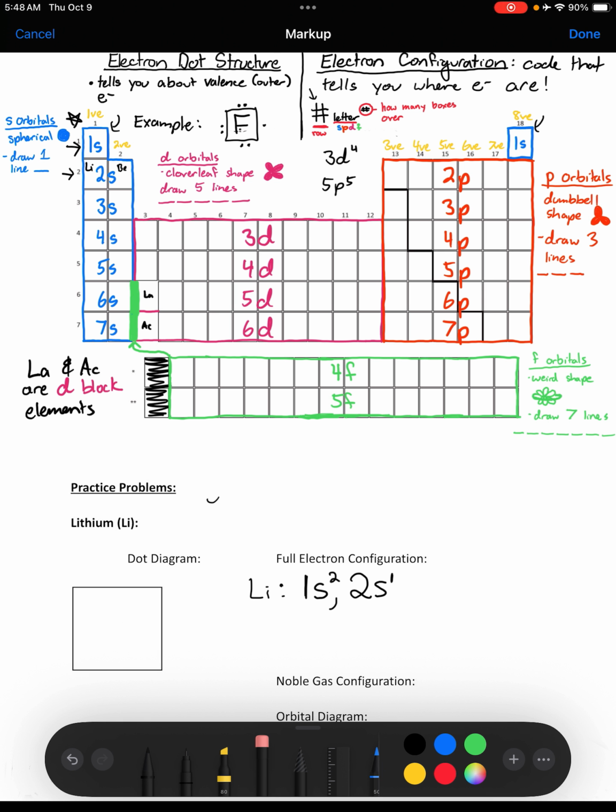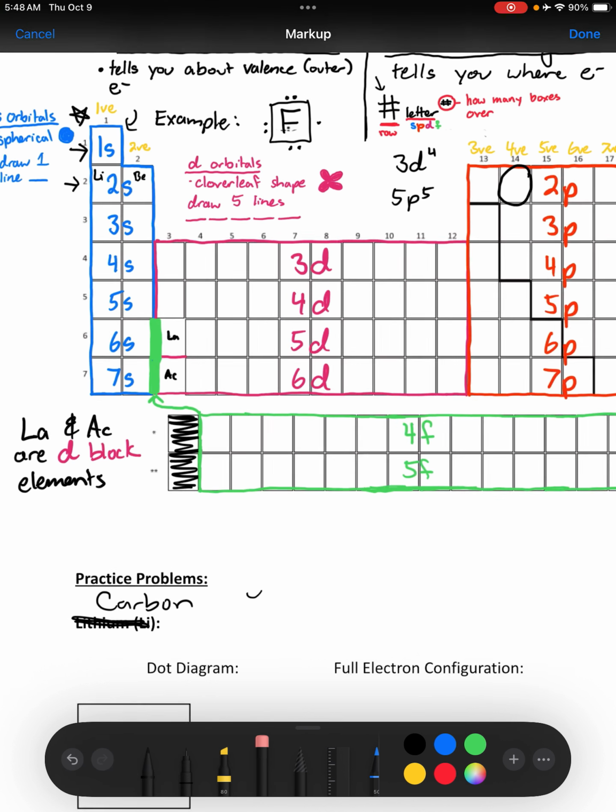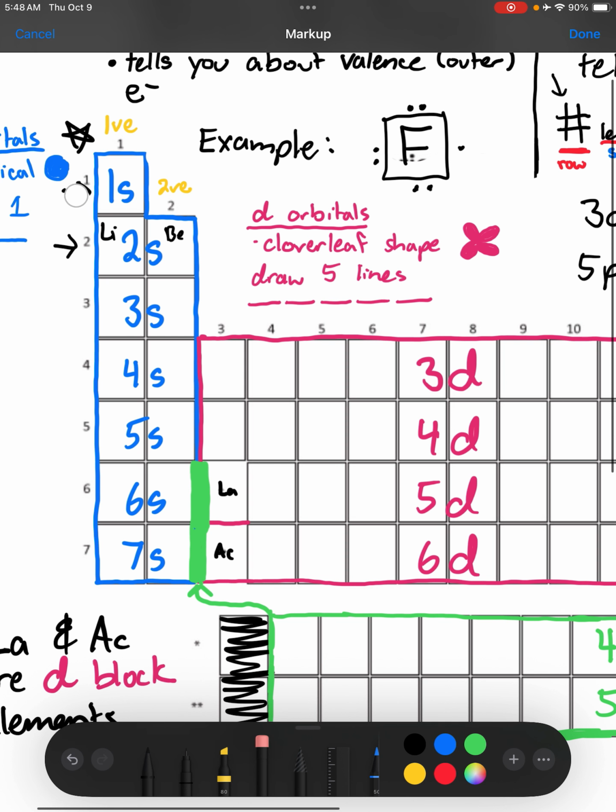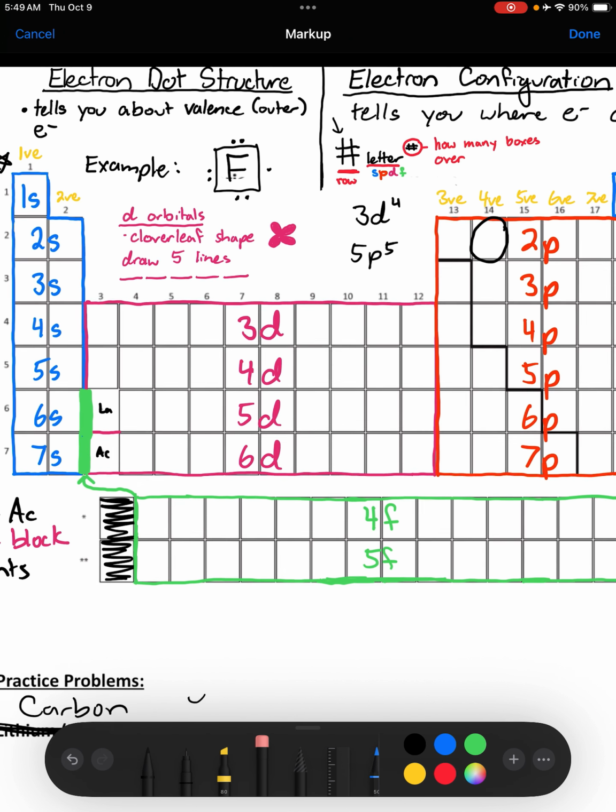Instead of lithium this time, what if I did carbon? I'm going to cross that out and put carbon. Carbon is going to occupy this spot on the periodic table. I'm just going to take a second to erase some of the arrows and stuff that I had on there before. All right.